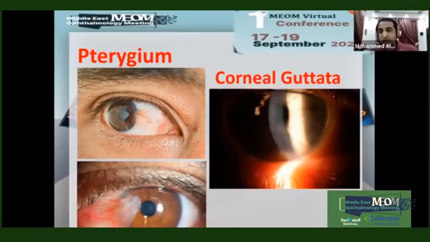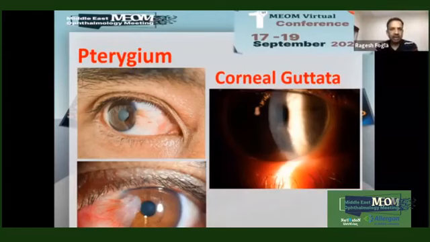Okay, Dr. Fogla, please. Yeah, I agree in the sense that if the pterygium is inducing a significant amount of astigmatism, it's always better to address the pterygium first, because if you find that there is about 3 or 4 diopters of astigmatism, then you have to decide whether you're going to use a toric lens or a regular monofocal lens.